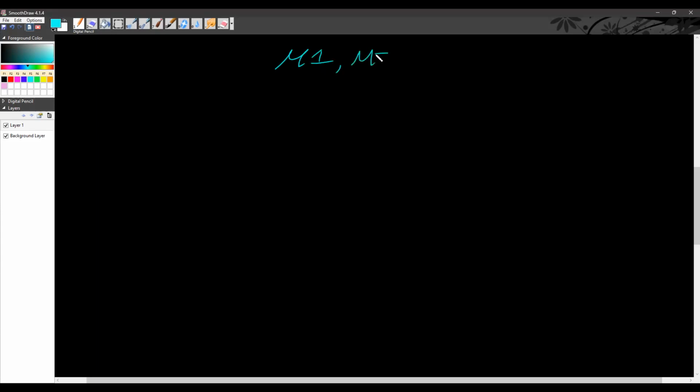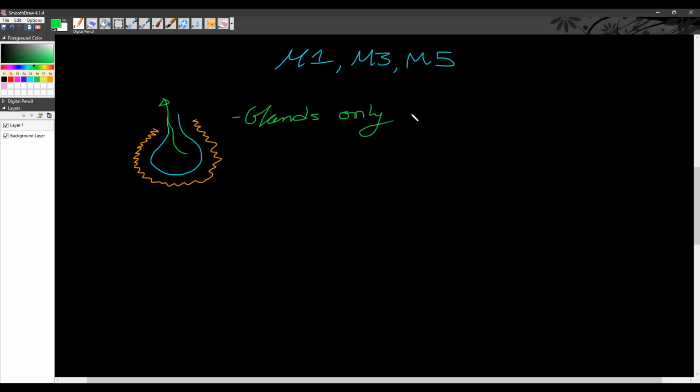Like I said earlier, glands are surrounded by smooth muscle, which when it squeezes causes the secretion to come out. So glands only release their product when the smooth muscle squeezes them.